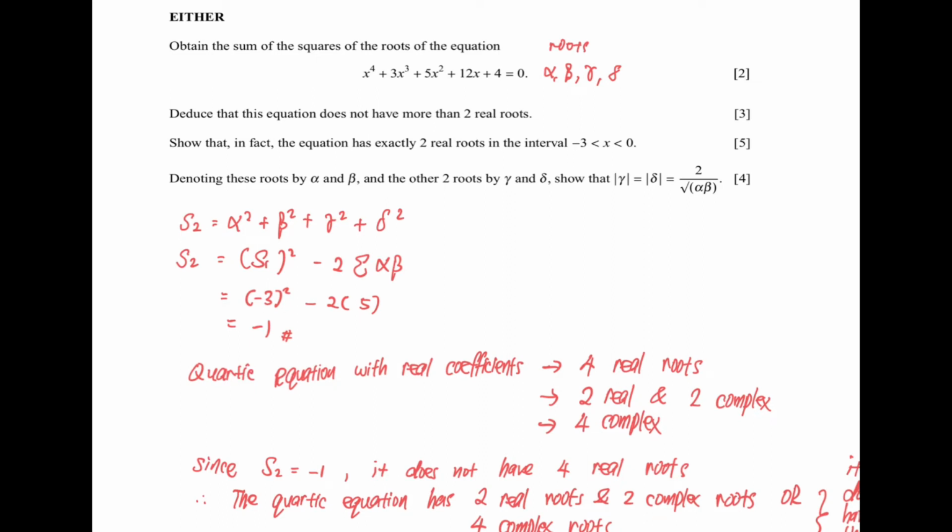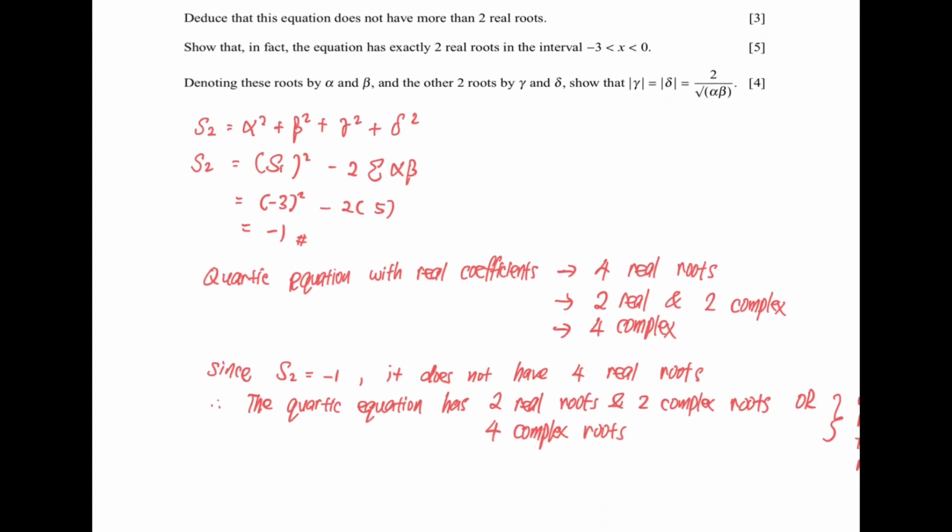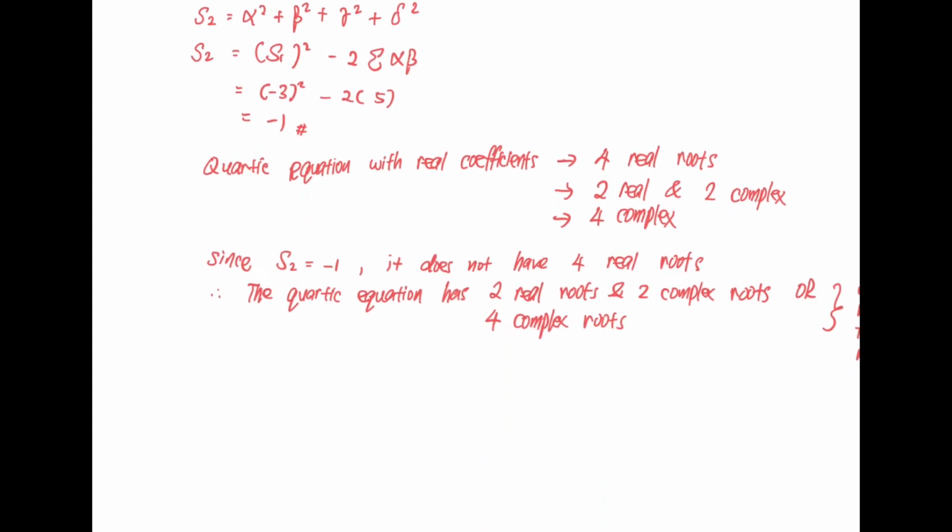Now we look at the next part. For the next part, show that in fact the equation has exactly two real roots in the interval -3 to 0. So in order to show that the real roots lie between that interval, what we can do is just use sign test.